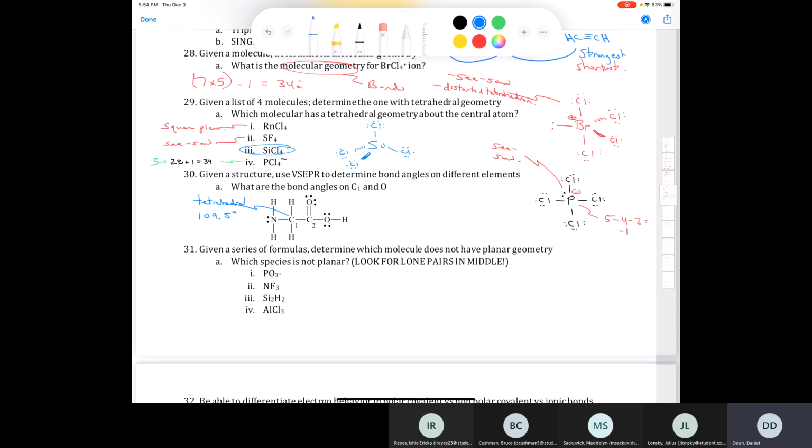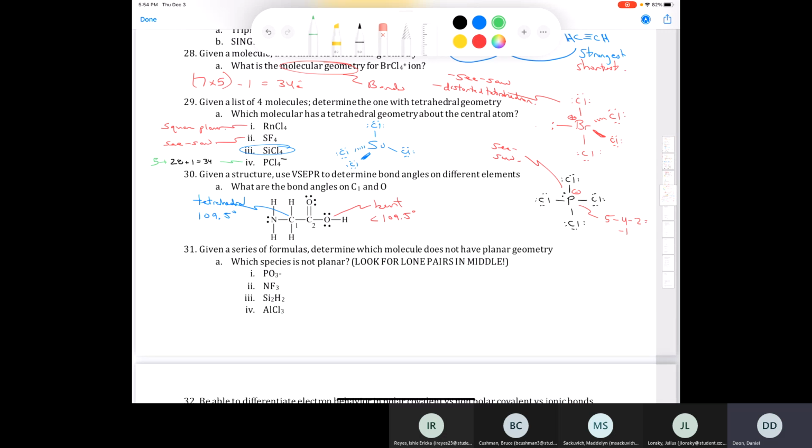They might vary a little bit, but not enough to matter for us. And then the oxygen has 2 bonds and 2 lone pairs. It's got a bent geometry. As long as you know that the bond angle is a little bit less than 109.5 degrees, that's good enough for me. Okay. Yeah, there you go. Nothing more than that.